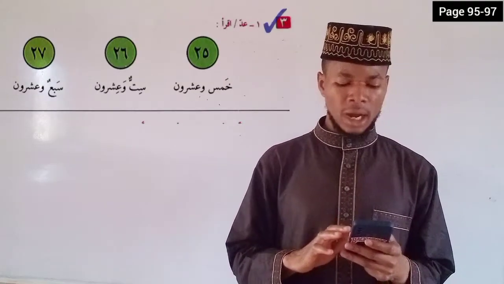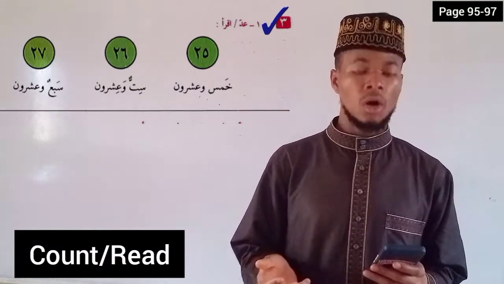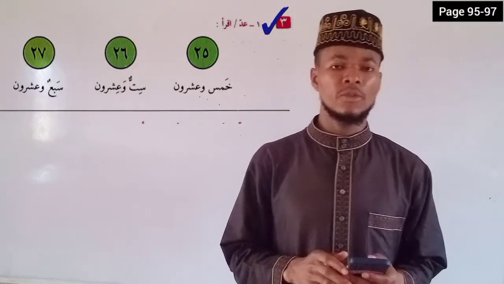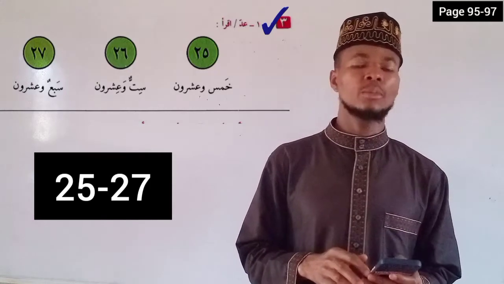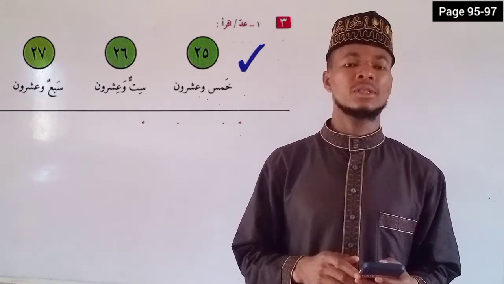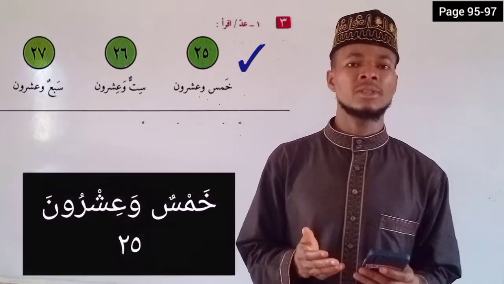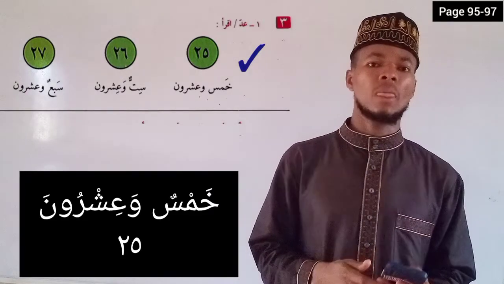Now the next exercise we have an instruction that says Idda, count, or Iqra, read. And here we are provided with some few numbers from the number 25 to 27 in both words and figures. So the first number we have is the number 25, and in words 25 is pronounced as Khamsun wa Ishruna.